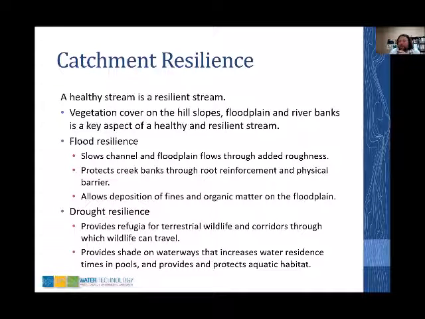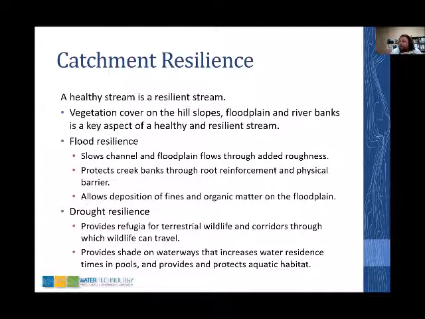But when we talk about resilience within a waterway, we're effectively talking about a healthy stream is a resilient stream. And another way of looking at it is a messy stream is often a resilient stream and a healthy stream. And so when we talk about that, we're talking about continuous riparian vegetation along a waterway.